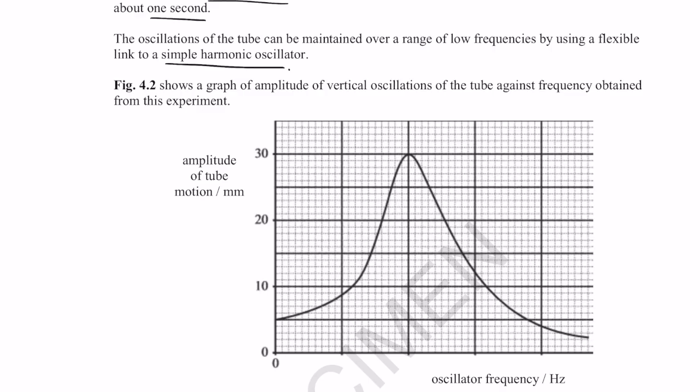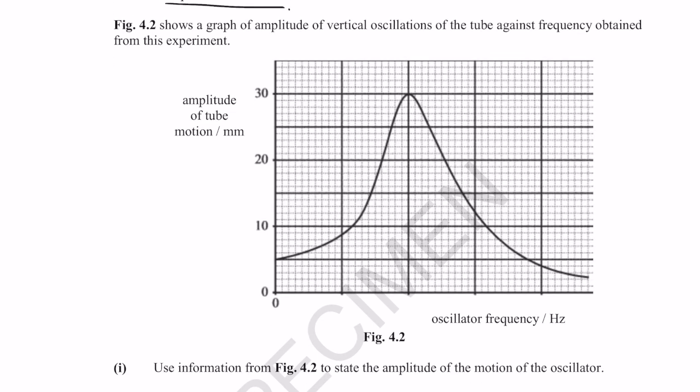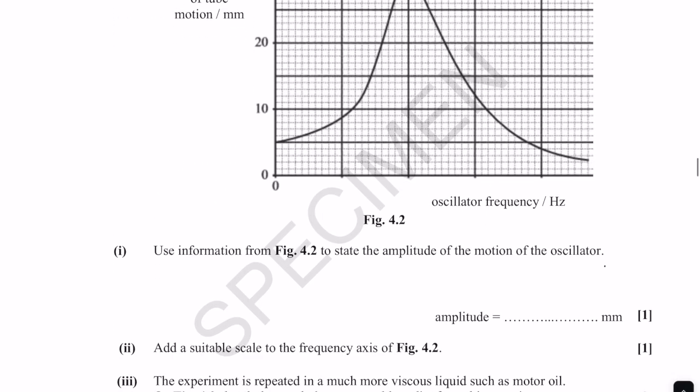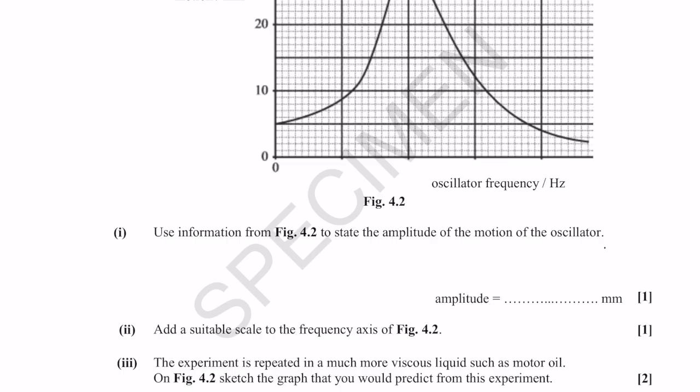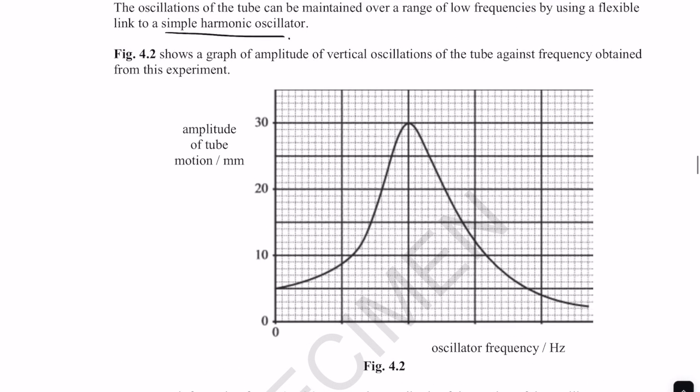We are given figure 4.2, a graph showing the amplitude of vertical oscillations of the tube against the frequency obtained from this experiment. It says to use the information from figure 4.2 to state the amplitude of the motion of the oscillator. Because it's talking about the motion of the oscillator, the oscillator's amplitude must match the minimum amplitude with which the oscillations of the tube begin.